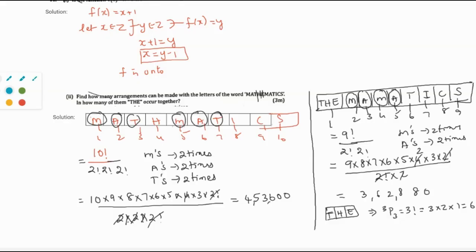Therefore, total number of arrangements together is 362880 into 6, that will be 2177280 ways.